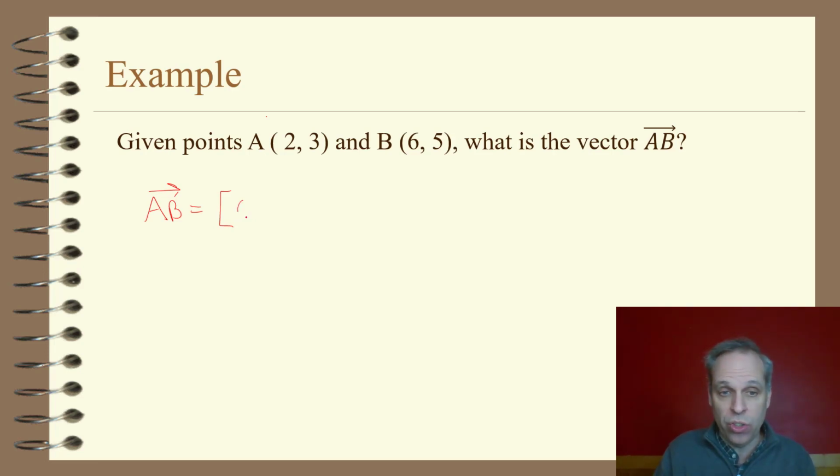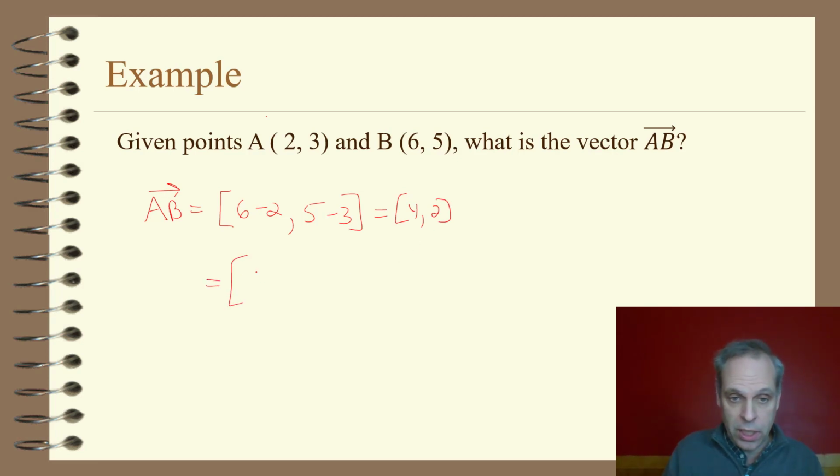You have to go to 6 and subtract 2. That would be the overall change to go from 2 to 6. And then you're going to 5 and coming from 3. So 5 minus 3 is the overall change to go from 3 to 5. That's the vector then, [4, 2], or just the vector (4, 2). You can also write that vector in column form.